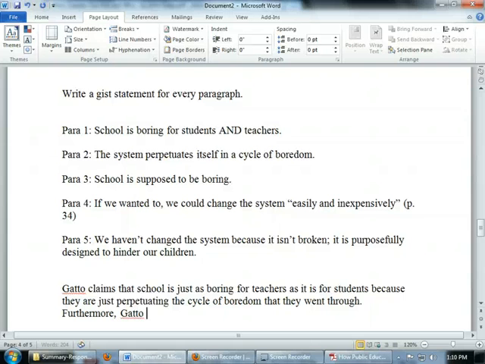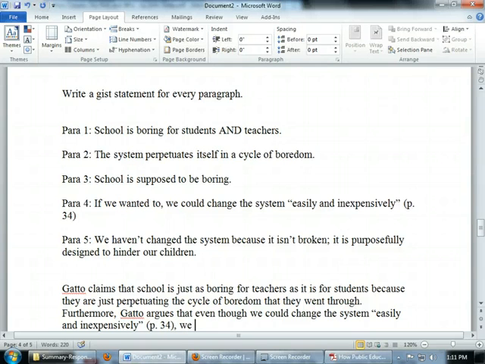Furthermore, Gatto argues that even though we could change the system, and here I'll still use my quote, easily and inexpensively, the page number, we haven't, because it is doing exactly what it was designed to do.